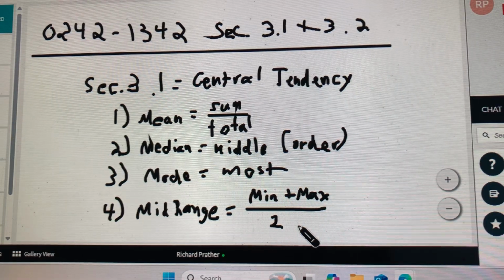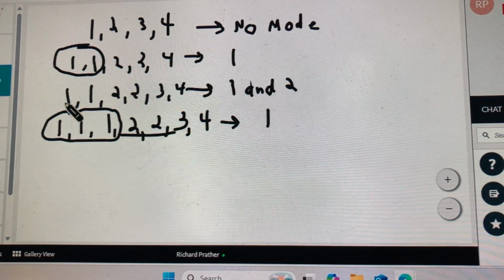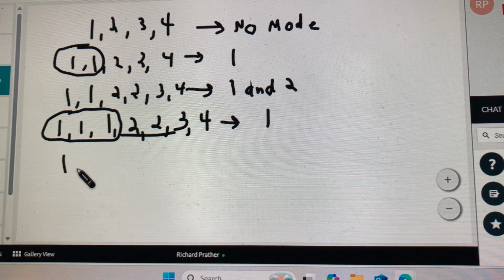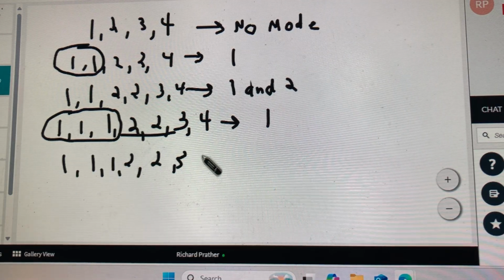The problem with this, all 4 of these, is sometimes one extreme value can greatly change the answers. If I have 1 1 1 2 2 3 4, but I change that to 1 1 1 2 2 3 and 40.